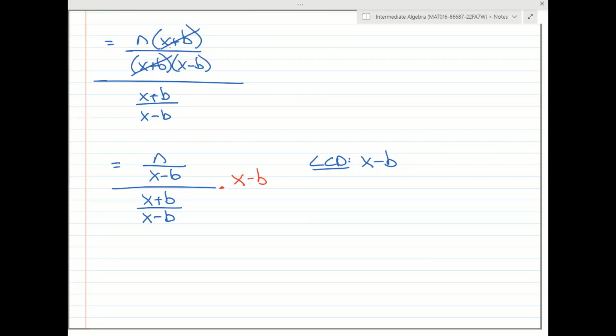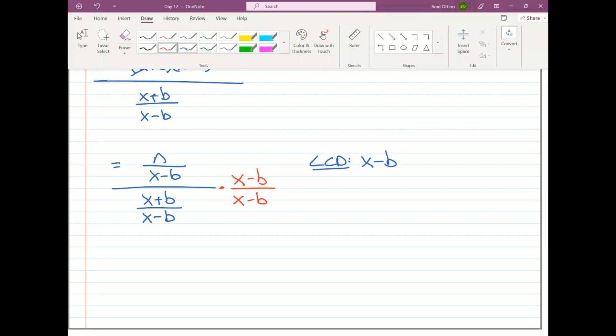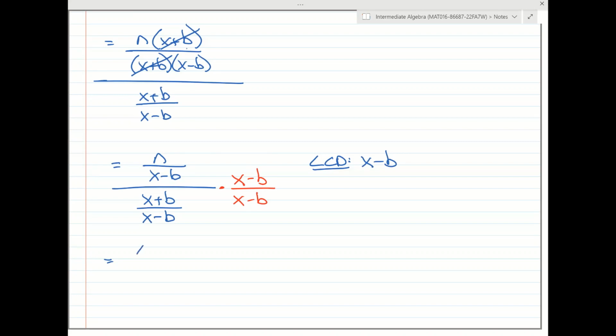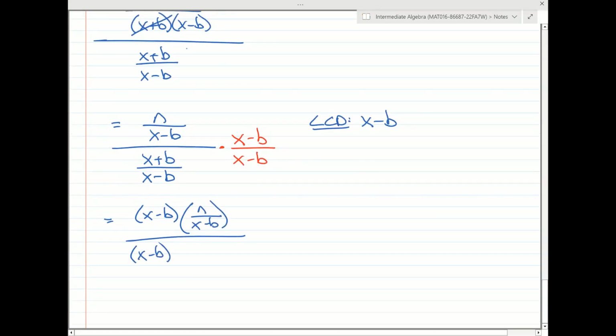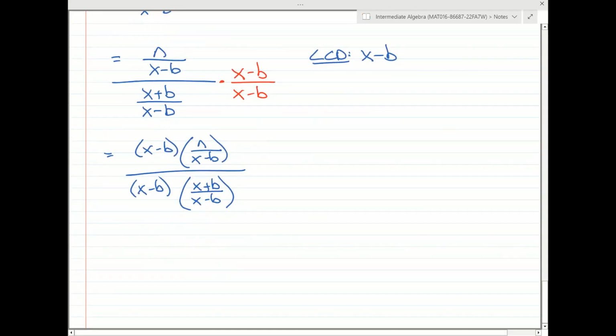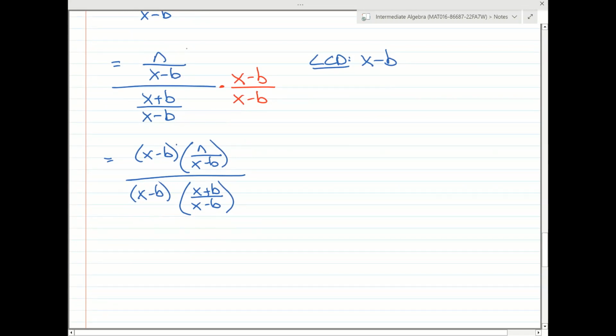And I'll multiply top and bottom by that. And we'll just do x minus b times n over x minus b divided by x minus b times x plus b over x minus b. These will cancel, and your final answer is just n over x plus b.